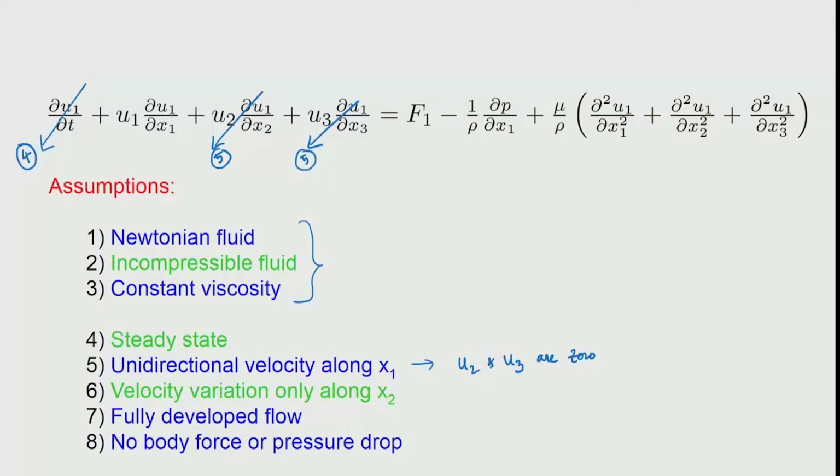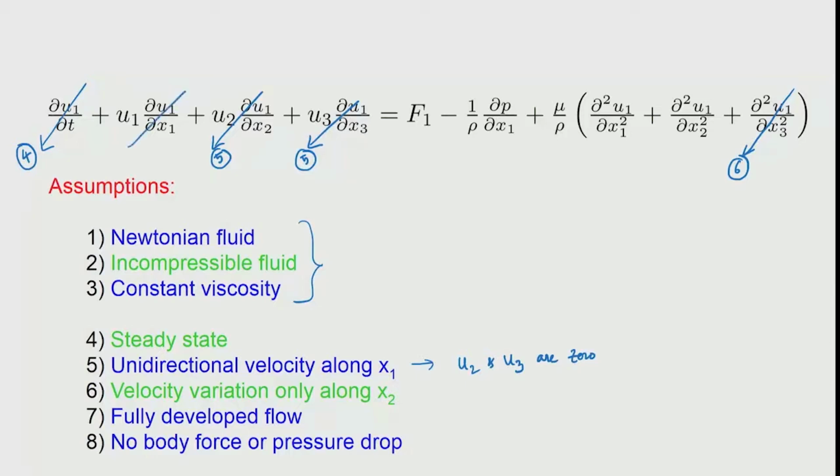We also say that in these situations the velocity variation of u1 can be along the x2 or x3 direction. We choose that it varies only along the x2 direction, so the variation of u1 along x3 can be dropped because of assumption number 6. Then we say that the fluid flow is well developed along the x1 direction, which means that dou u1 by dou x1 is 0.